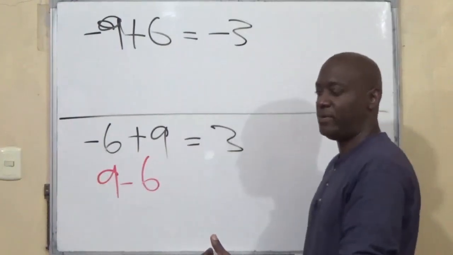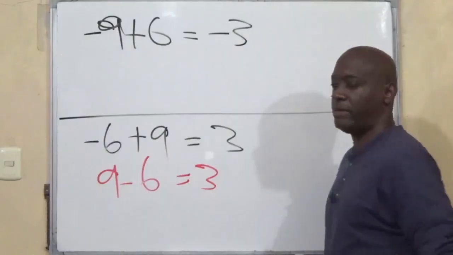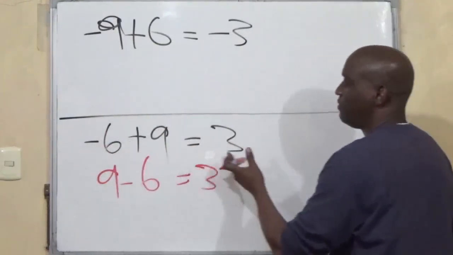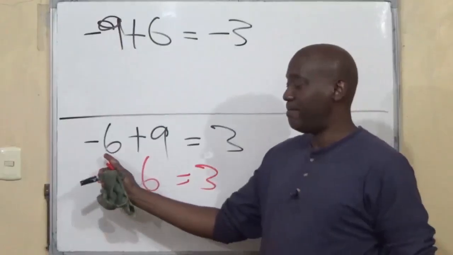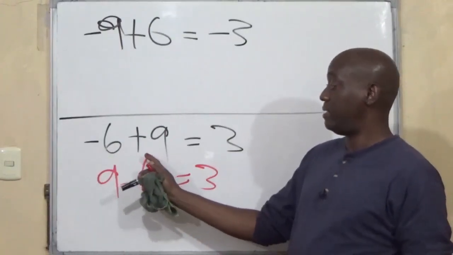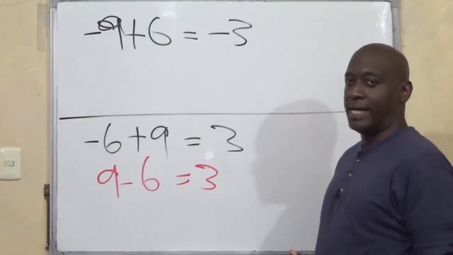Big number minus small number. We left with a smaller number as a surplus. This here we're not so familiar with, where you have the minus, the negative number, plus a larger positive number to get a smaller surplus.